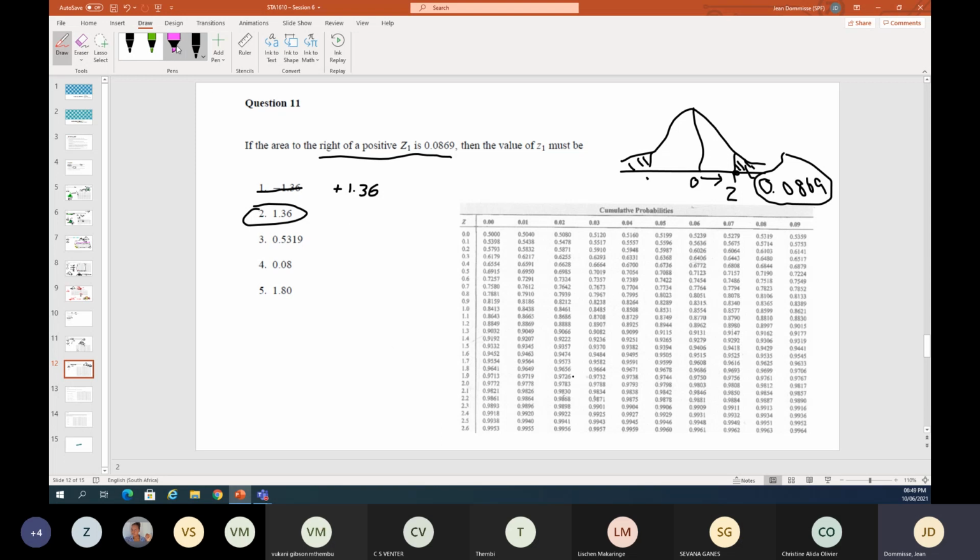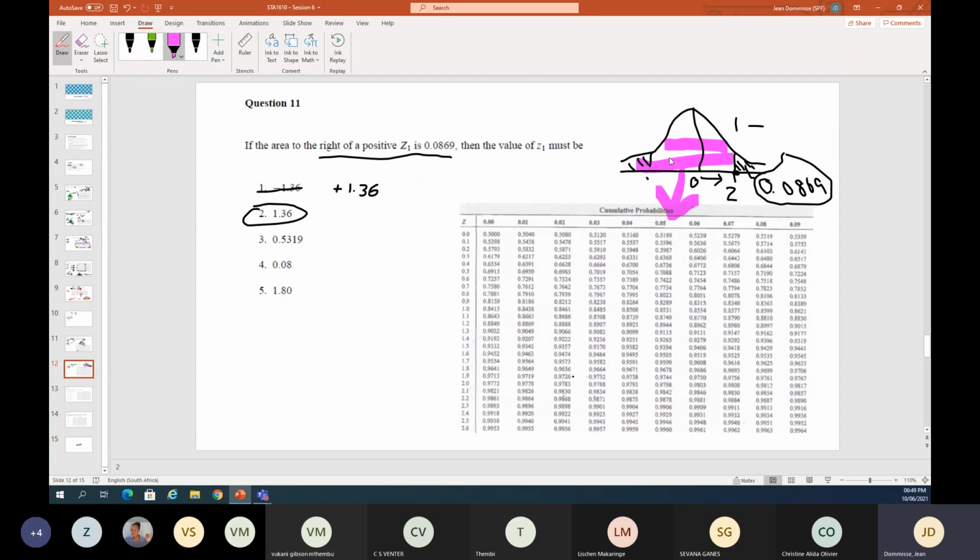The other way to do it is to say 1 minus that area. When we look at the positive, that area is going to be in the positive.